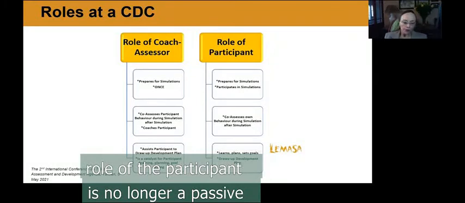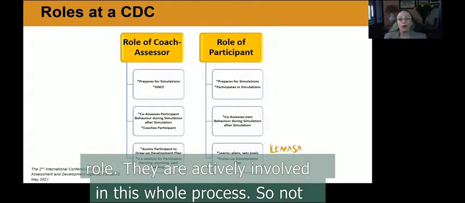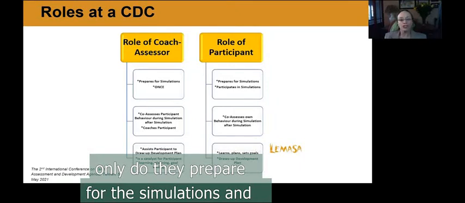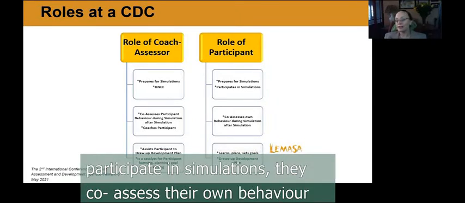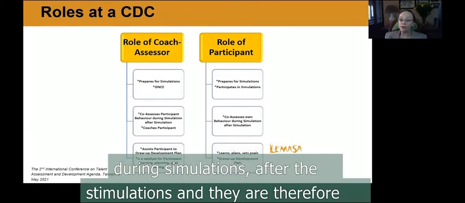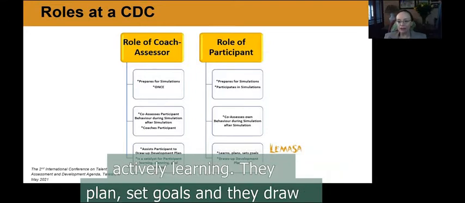Now, the role of the participant, you've heard, is no longer a passive role. They also are actively involved in this whole process. So not only do they prepare for simulations and participate in simulations, they also co-assess their own behavior during simulations and after simulations, and they are therefore actively learning.